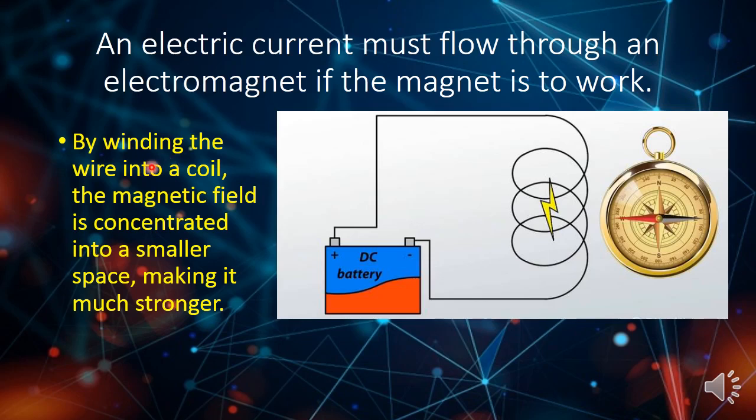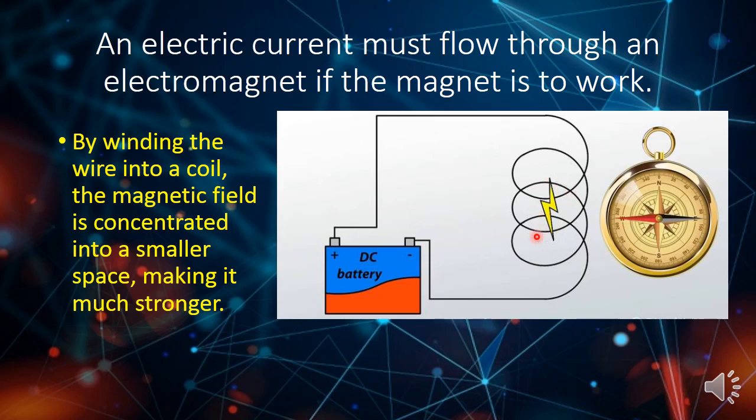By winding the wire into a coil, the magnetic field is concentrated into a smaller space, making it much stronger. So instead of using only one straight wire, we are going to use a coil of wire. This makes the magnetic field around it and inside the coil much stronger than the straight wire.